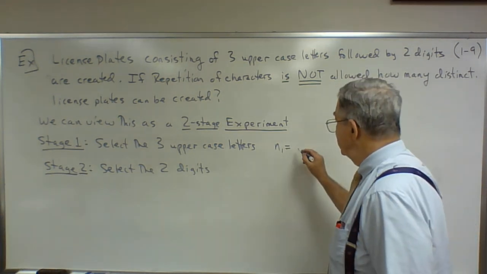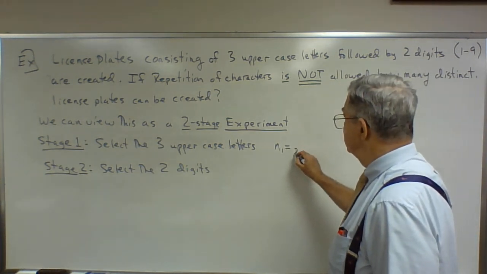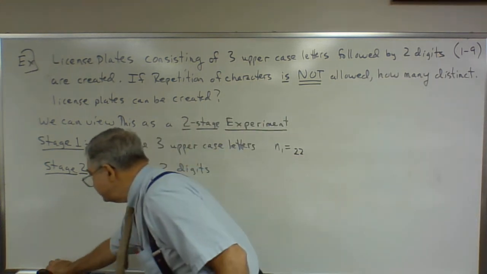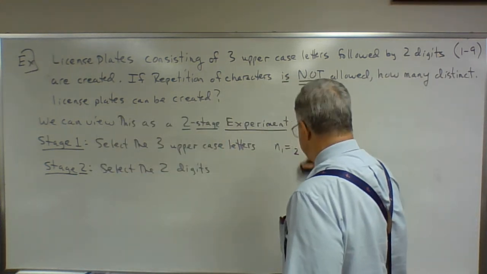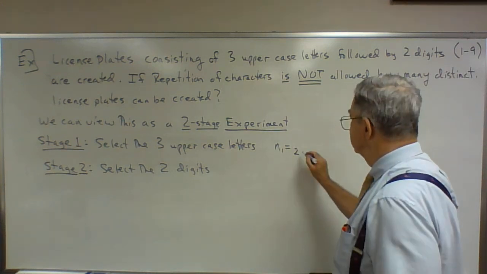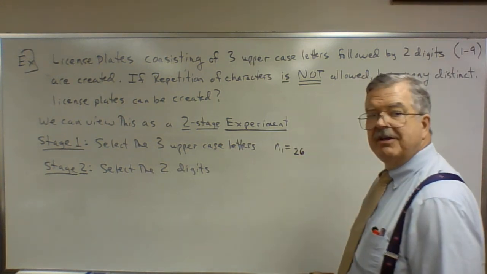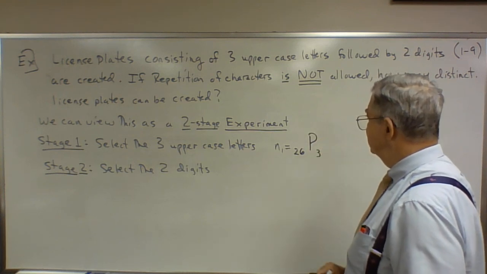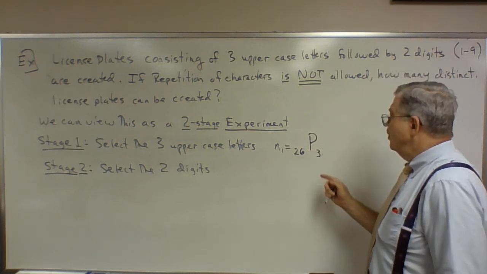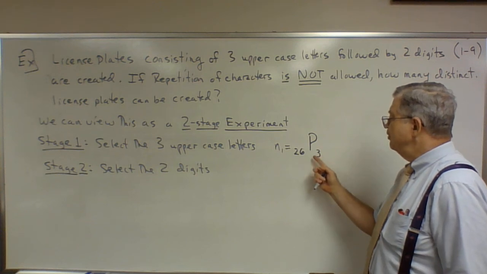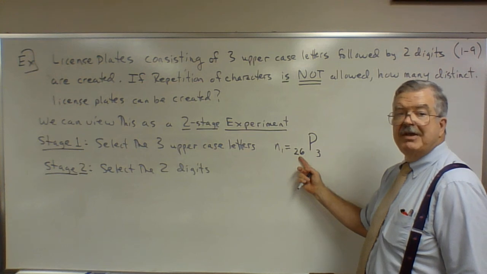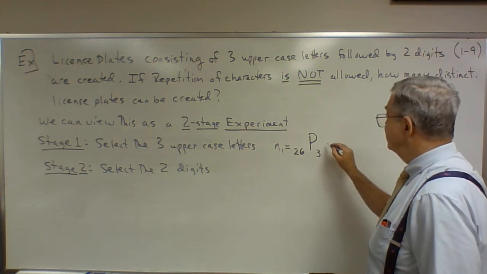So what this is, it's a permutation. It's a permutation of 26 letters selected 3 at a time. Or looking at it another way, it's a permutation of 3 letters selected from a set of 26 letters.